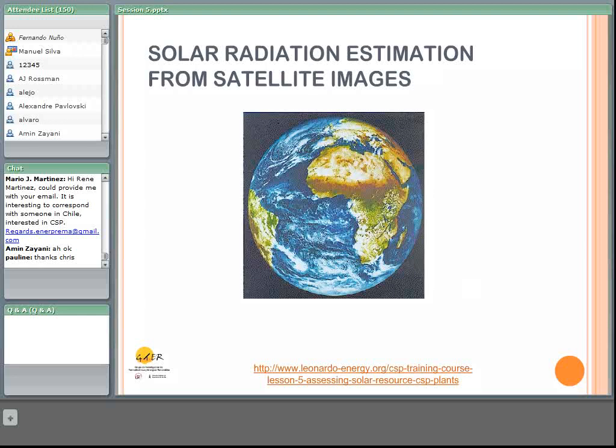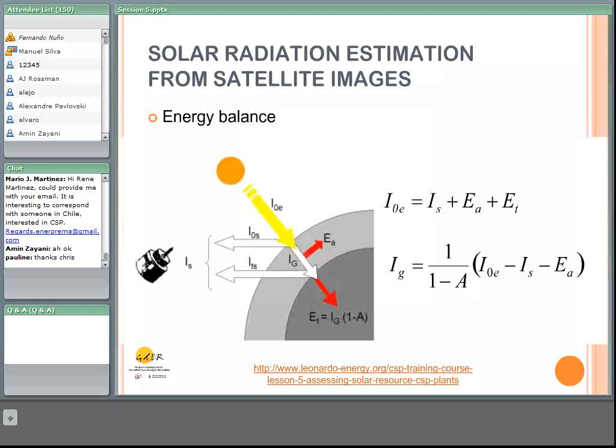Another source for estimates are the satellite images. The use of satellite images to estimate solar radiation is based on the energy balance. The satellite has a sensor, and this sensor receives a signal from the Earth. If you apply the energy balance, the extraterrestrial solar radiance must be equal to the signal received by the satellite plus the radiation absorbed by the atmosphere, plus the radiation absorbed by the Earth itself.